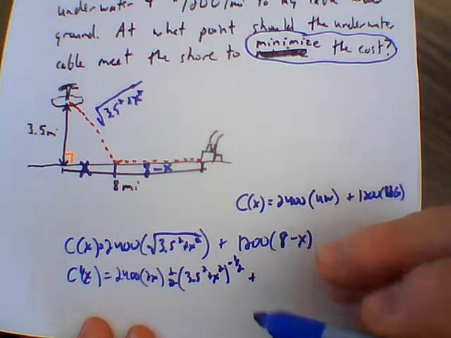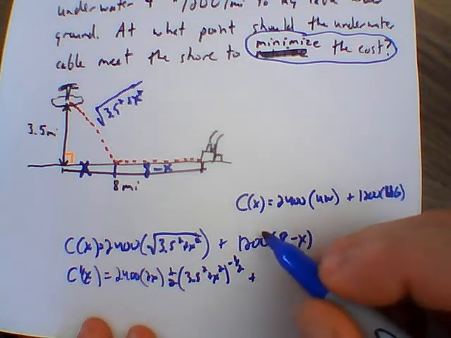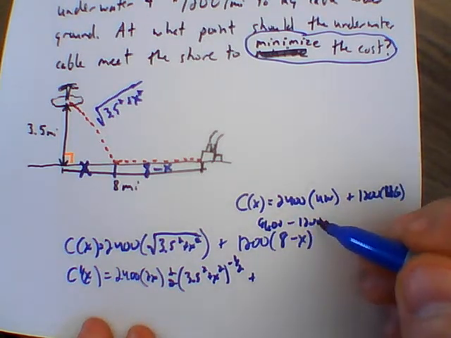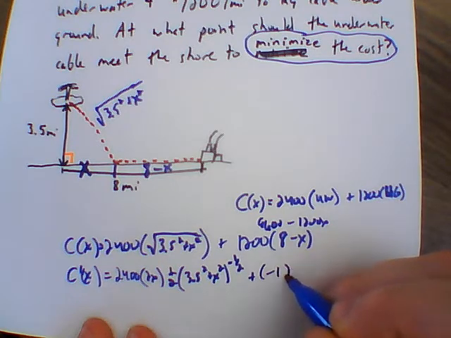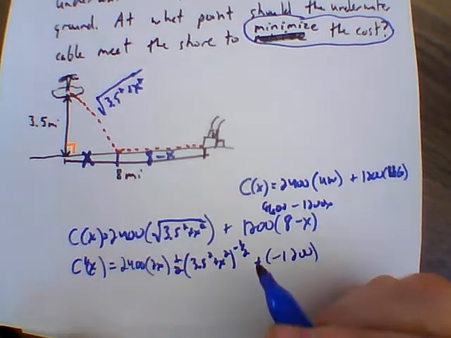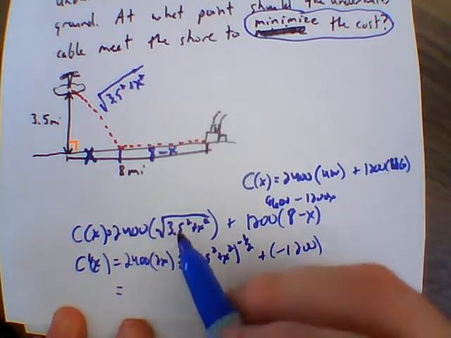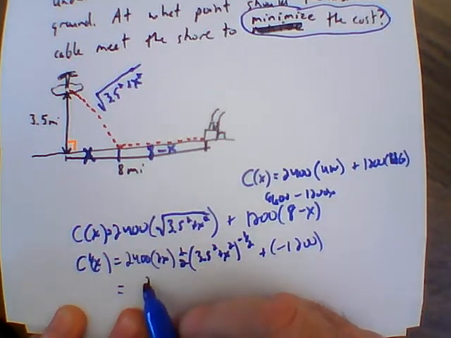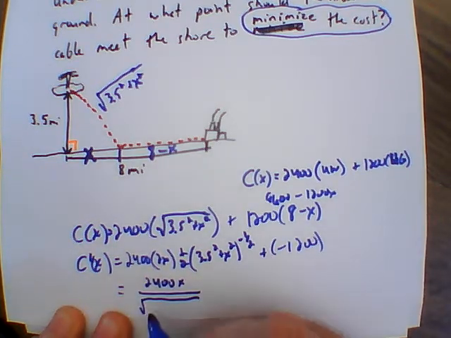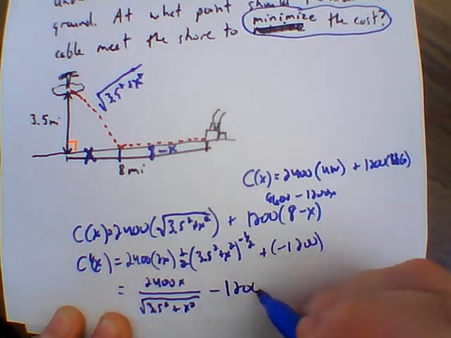The derivative of 9,600 would be nothing, so I'm just going to go 9,600 minus 1,200x. Taking the derivative of minus 1,200x would be negative 1,200. I already have my plus sign written there, so we'll just write it that way. Simplifying what's happening here, the 2's would cancel. We would have 2,400x over the square root of 3.5 squared plus x squared minus 1,200.